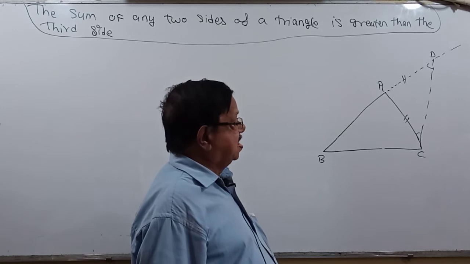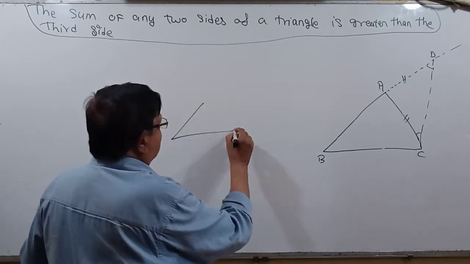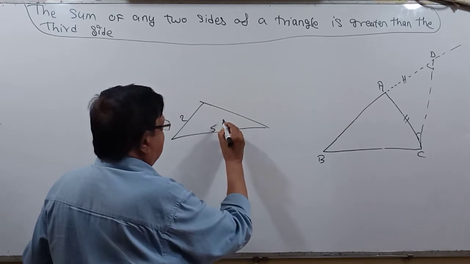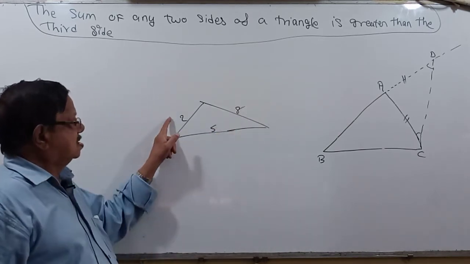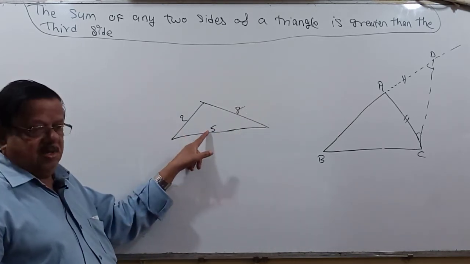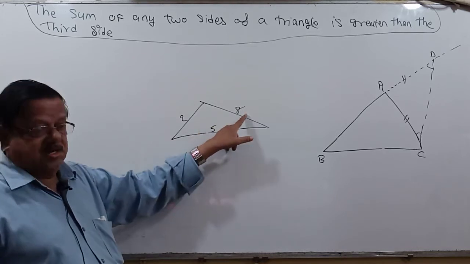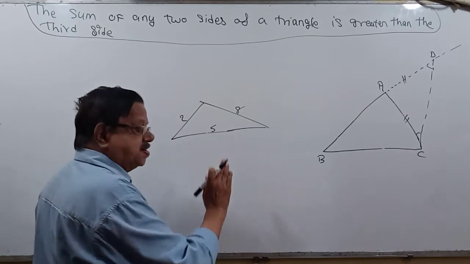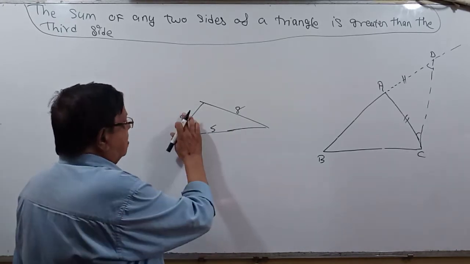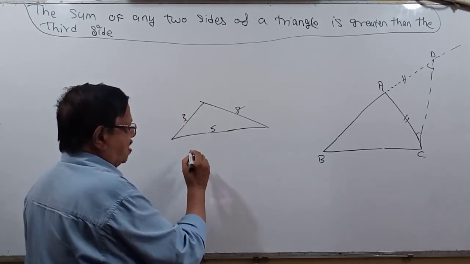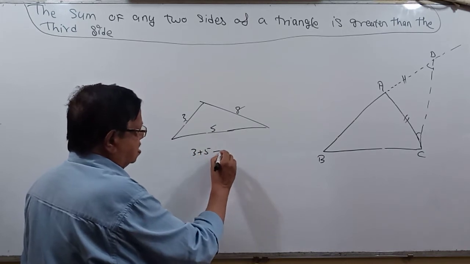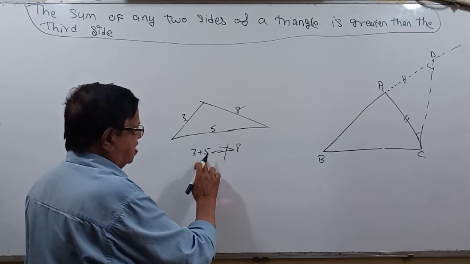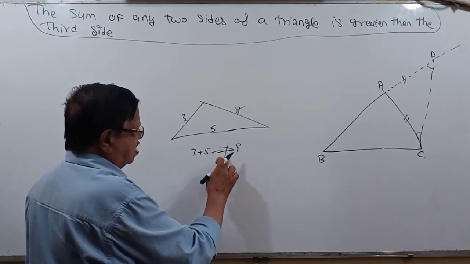It is not possible that in any triangle this happens. This is 2, this is 5, here 8. The sum of 2 and 5 is 7. 7 should be greater than 8, but that is not possible. The sum of two sides of any triangle should be greater than the third side, even if it is 3, it is not accepted. 3 plus 5 is not greater than 8. 3 plus 5 is 8. 8 is not greater than 8.